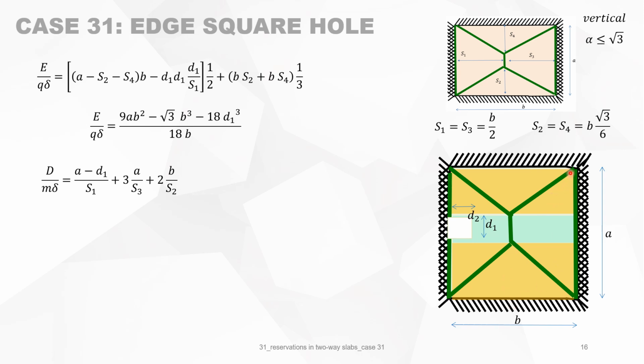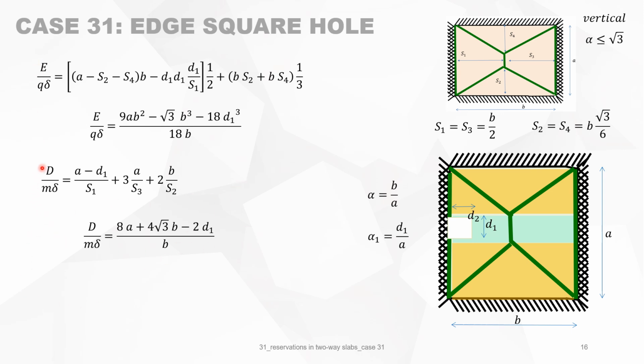On the other side, we get A times M divided by S3, and A times M divided by S3. And here we get A times M divided by S1, and this is A minus D1 divided by S1. It gives you this. We fill in the values of S1, 2, and 3, and we get this expression.